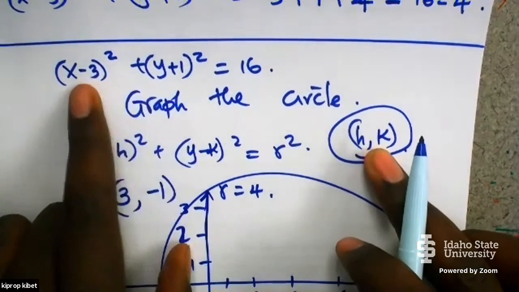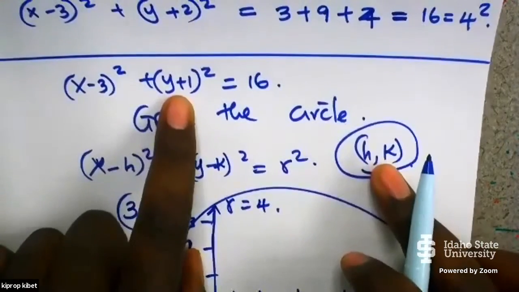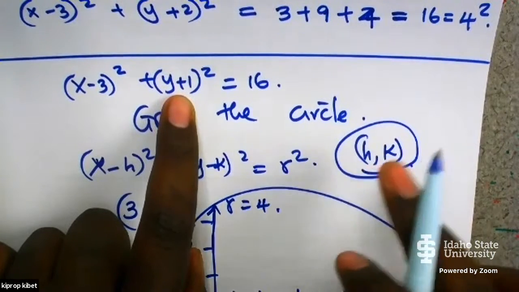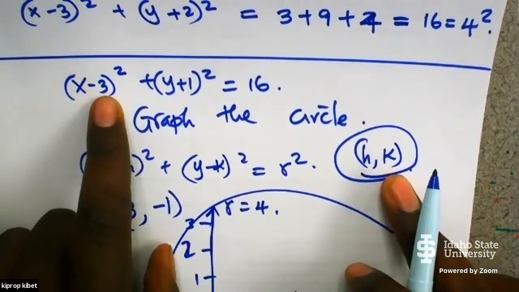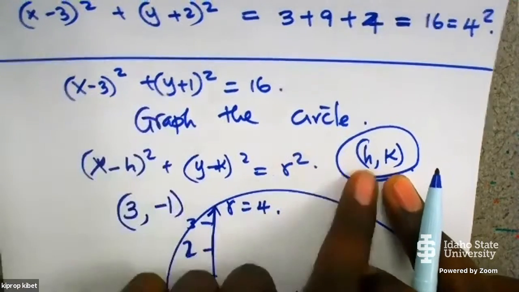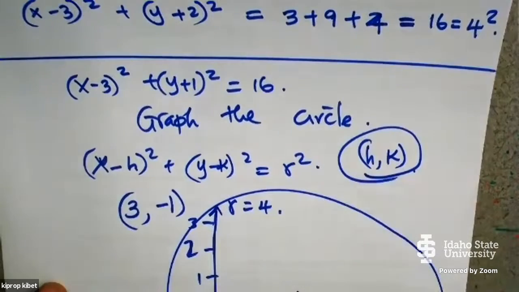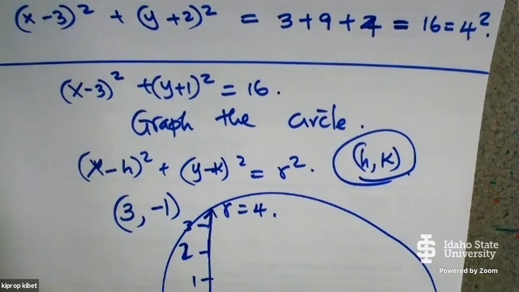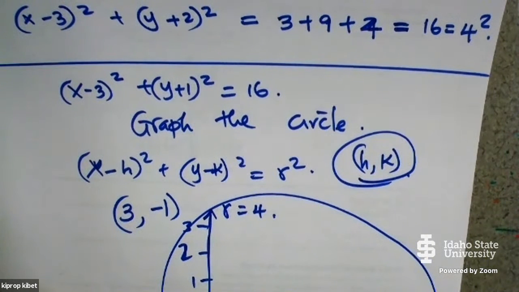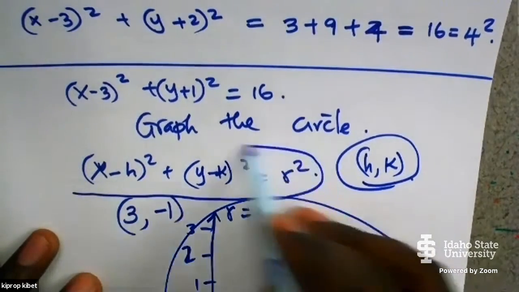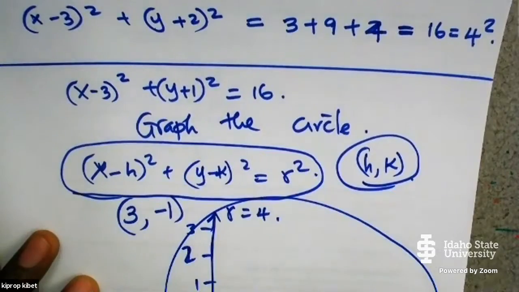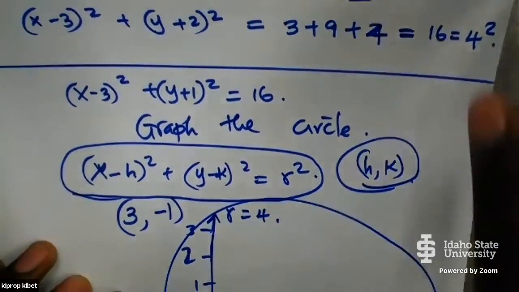Looking at this, one is positive here, so that means the point is negative. This one is negative here, so that means the point is positive. So that's how to look at it, so long as you know the standard form is like that.